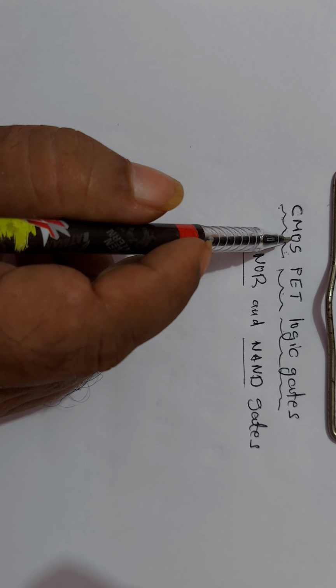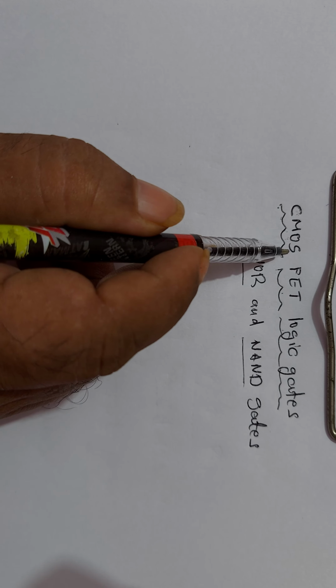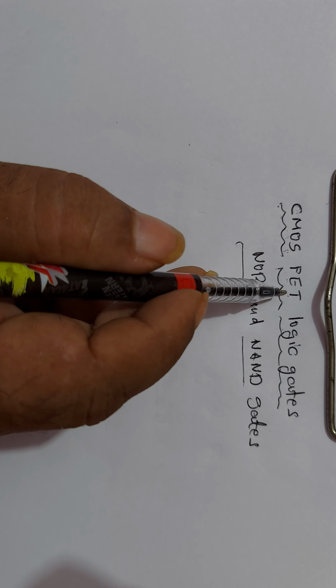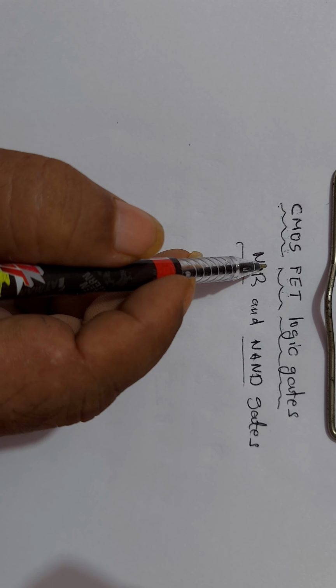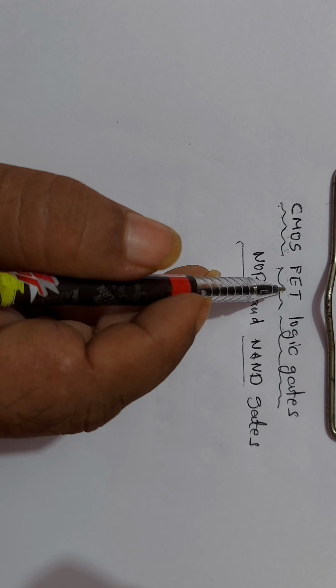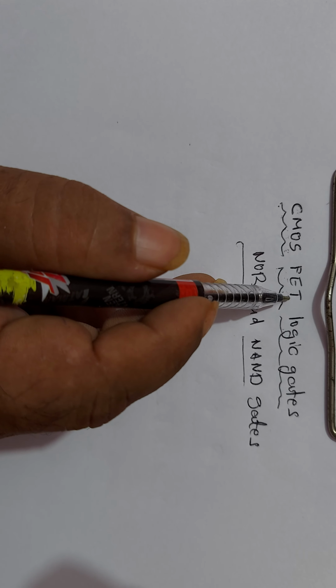MOS means metal oxide semiconductor. Field effect transistor is a transistor in which the input electric field applied produces the output current. Therefore, that transistor is called field effect transistor.